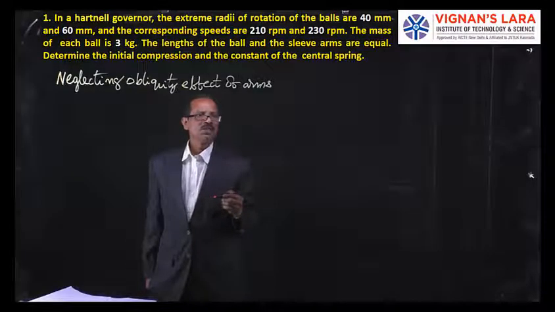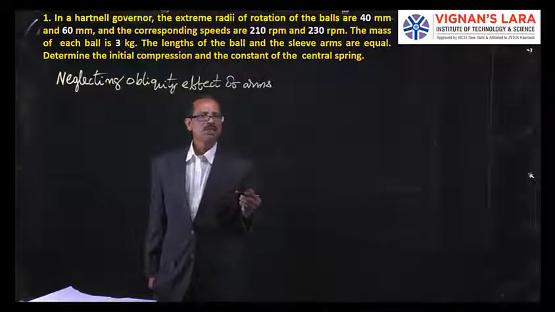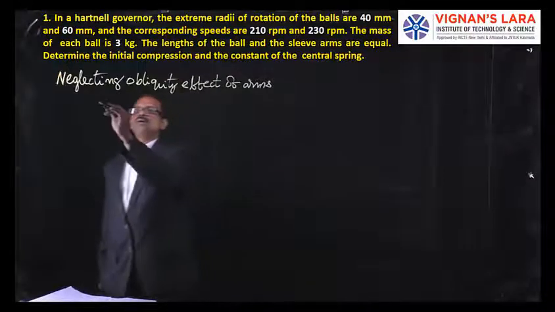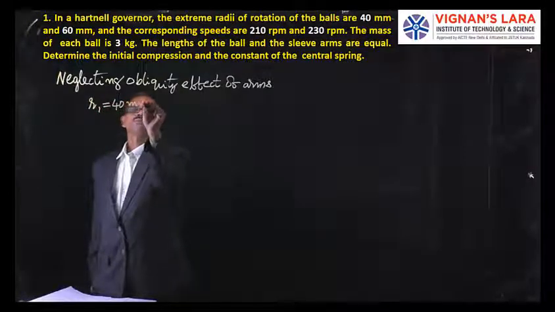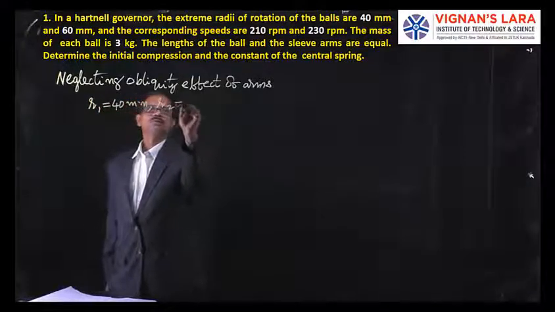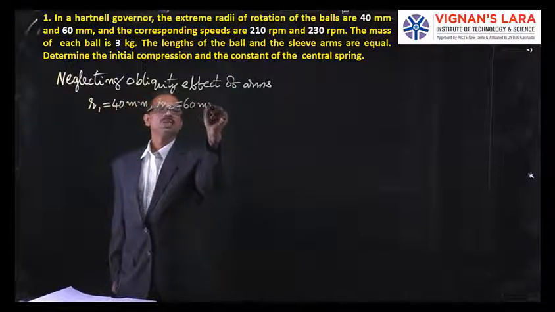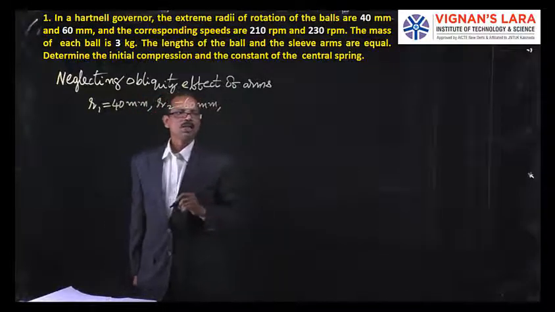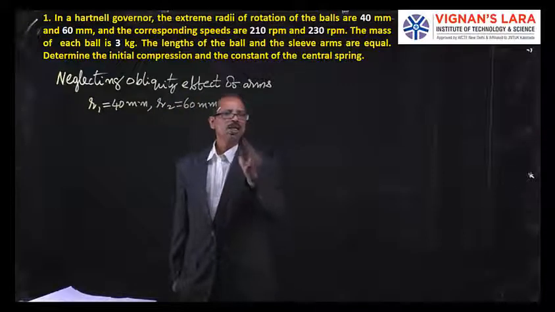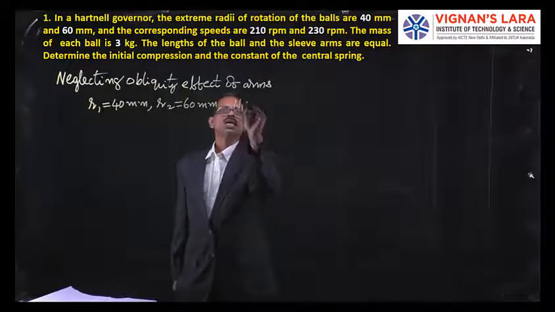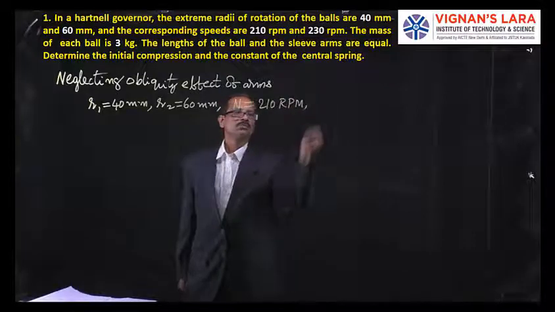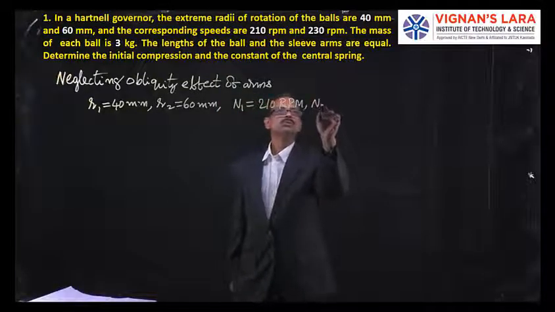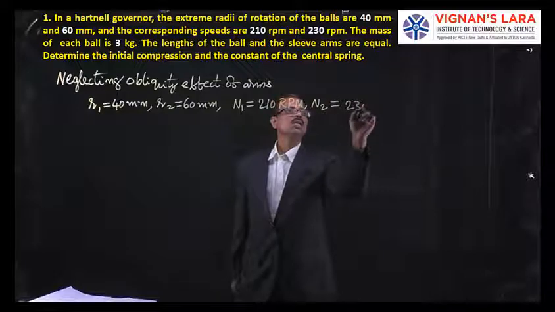The extreme radii of rotation of the balls are 40 and 60. So R1 is 40 mm, R2 is 60 mm, and the corresponding speeds are 210 and 230. N1 is 210 rpm, then N2 is 230 rpm.